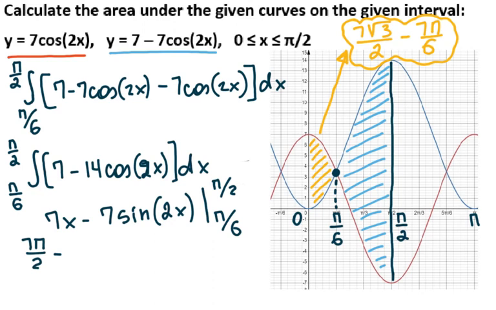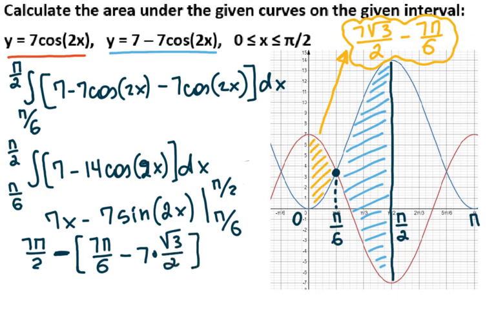So it's going to be minus, and then everything that involves pi over 6. We'll have 7 pi over 6 minus 7 sine 2x, and x is pi over 6, so 2 times pi over 6 is pi over 3. Sine of pi over 3 is square root of 3 over 2.